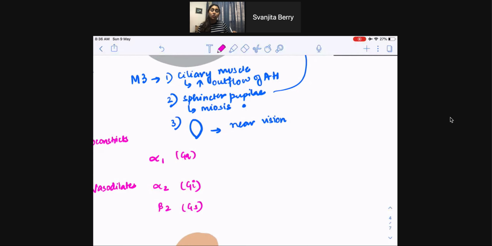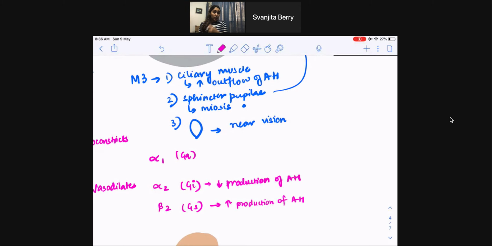I like to start with the Gi and the Gs since I know that they're going to be opposing each other. So Gs increases cyclic AMP, right? So it's actually going to help us increase production of aqueous humor. Gi is going to do the opposite. It helps to decrease production of aqueous humor.